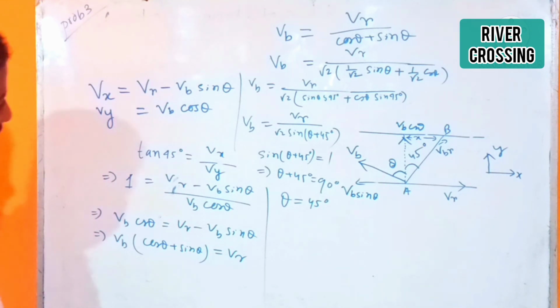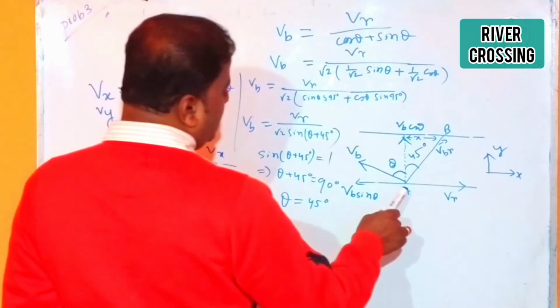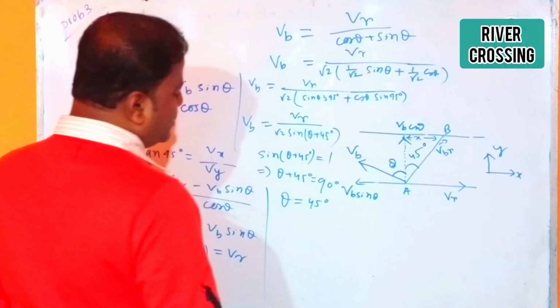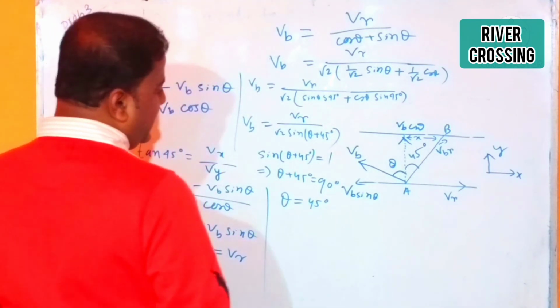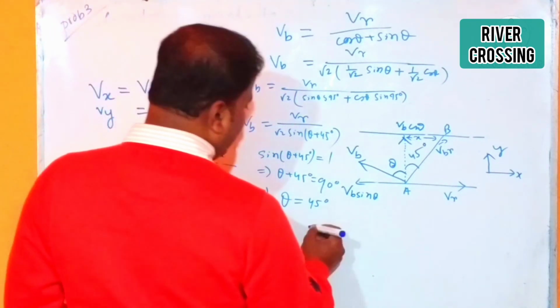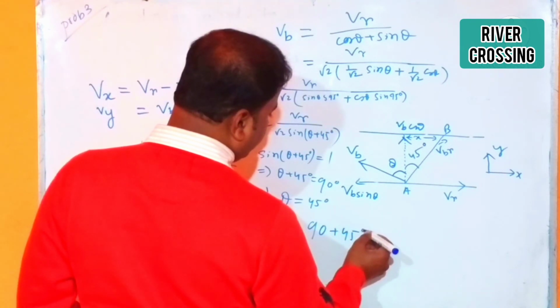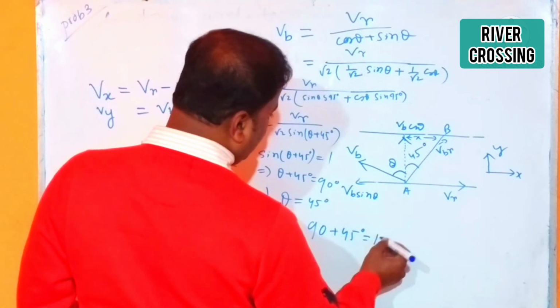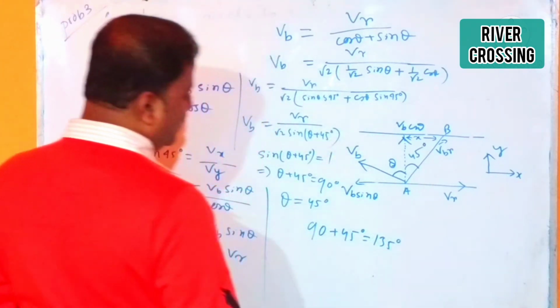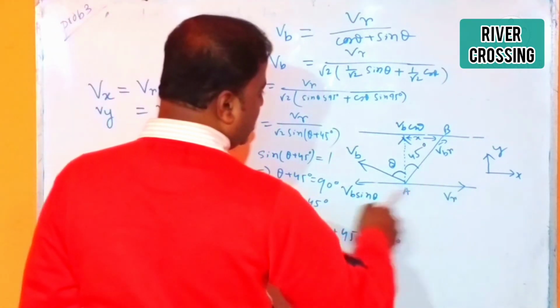Therefore, the boat should be headed at an angle 90 plus 45, that is 135 degree, with the river current.